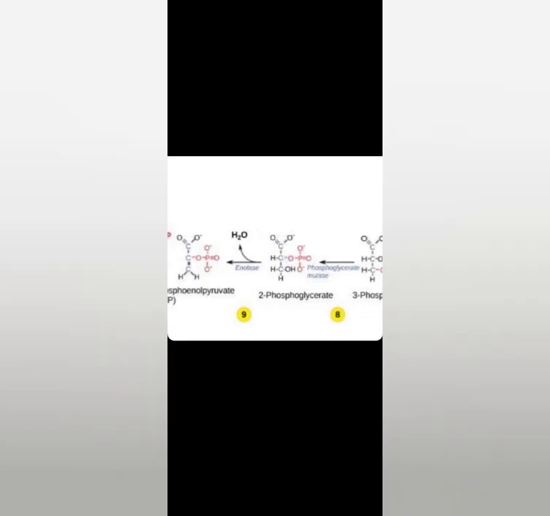This is step 10. It's irreversible. You remove the phosphate of this molecule and add it to ADP, phosphorylating ADP into ATP. And at the end, you have this 3-carbon molecule that is called pyruvate.